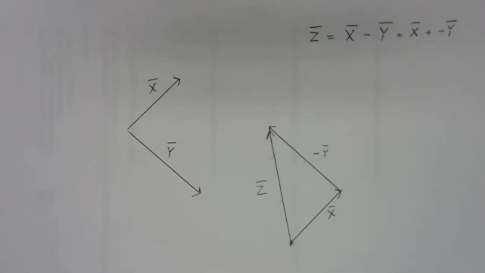Now, in practice, we don't have a lot of application for subtracting vectors. Most of what we do, we deal with vectors that represent forces, and those vectors we add. Even when they're in opposite directions, we still add them, and the numbers take care of themselves for the most part.